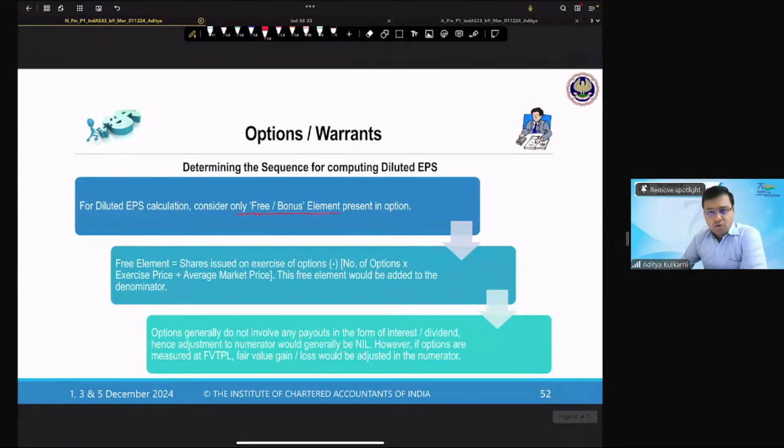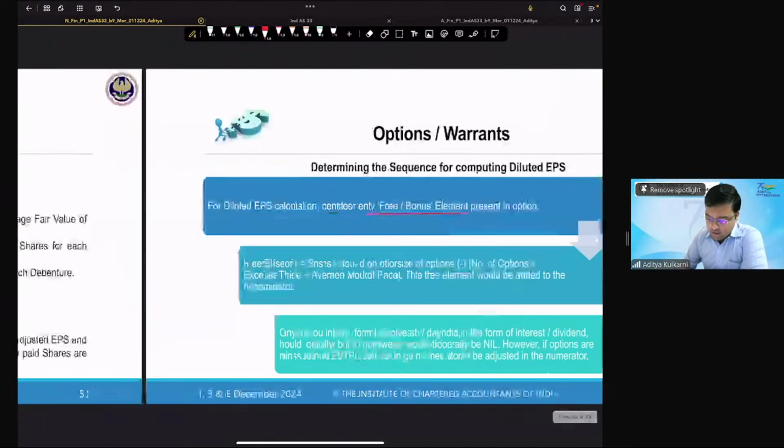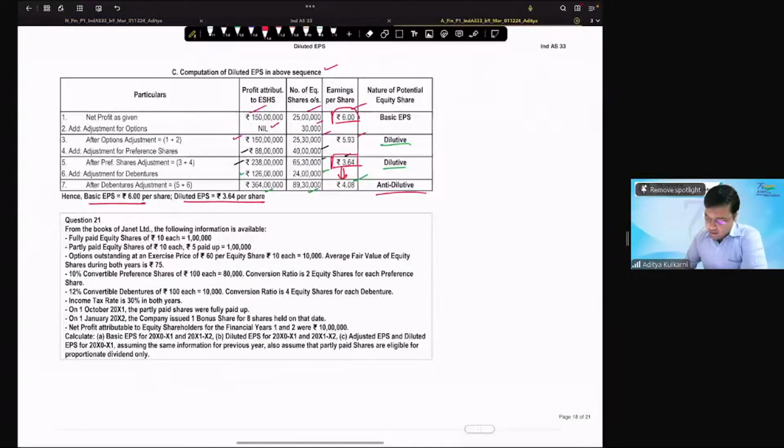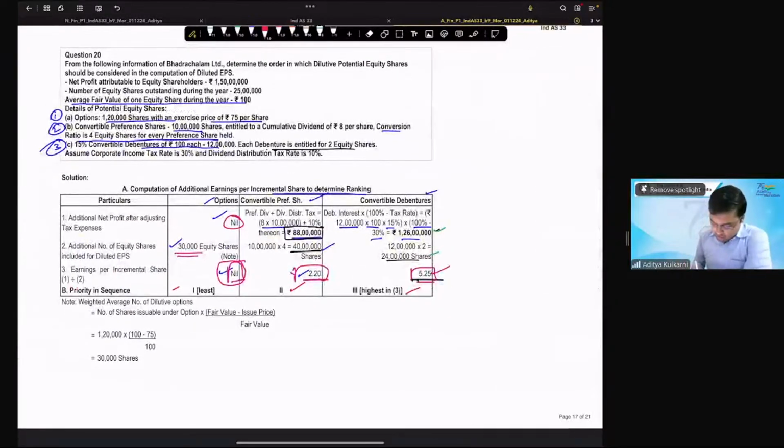In the working that we just did, we considered only 25 by 100 as the potential equity share, and not the entire value of 100, because out of 100, which is the fair value, I'm actually getting money for 75, and therefore I cannot consider the entire 100 or 75.